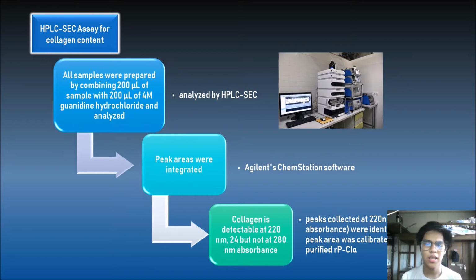Collagen is detectable at 220 nanometer, but not at 280 nanometer absorbance. The peak areas were integrated using the Agilent ChemStation software after manual identification of peak boundaries.